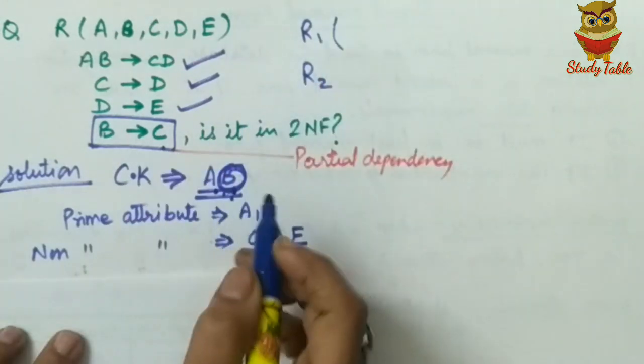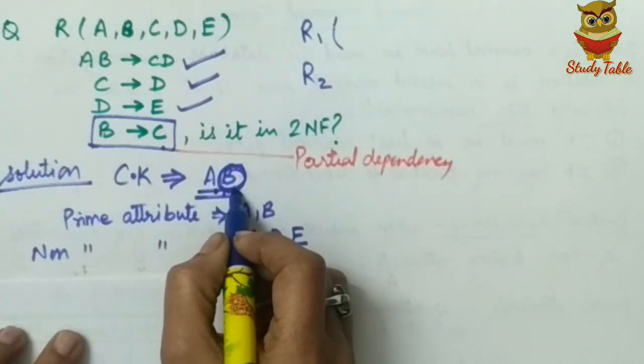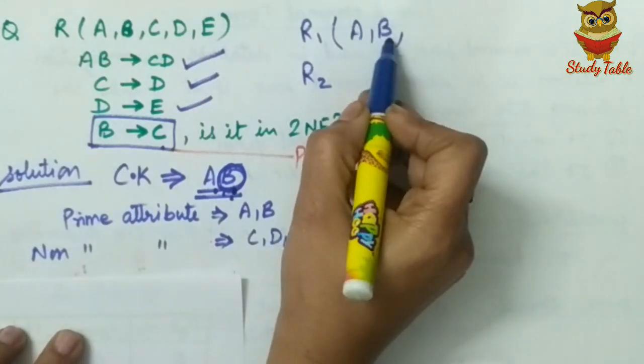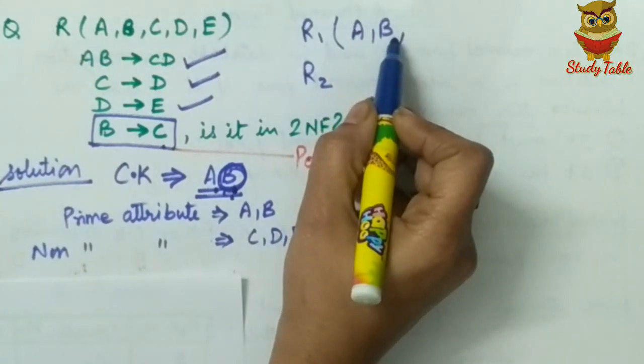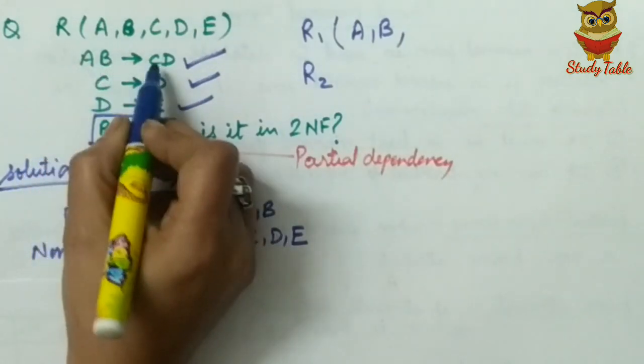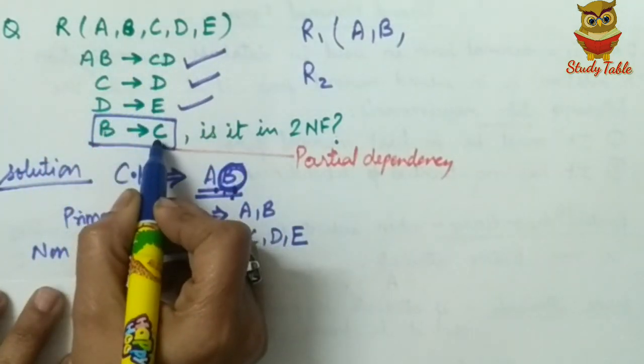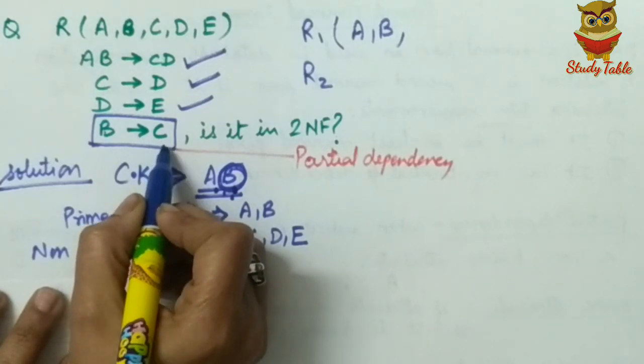In R1, I will keep the attributes forming the candidate key, that is AB. Now AB, which attributes I can determine with AB? From AB I can determine CD, but C is here. C will be present in this FD or in this relation.